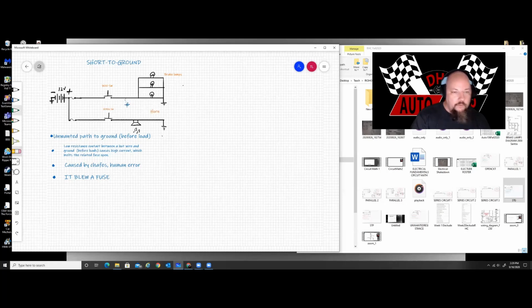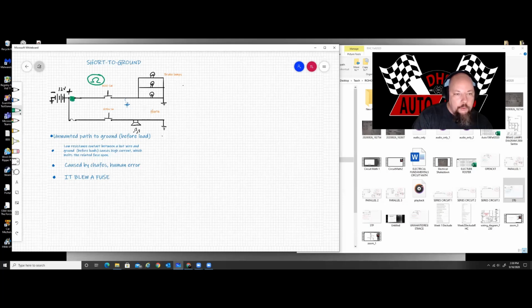Now, when you go looking for it, you may use an ohm meter to track the thing down. Okay, now what you have to do here with the ohm meter is first you got to make sure that your fuse is not in here, because let's block this out real quick. The fuse will be pulled out. It will likely still be blown open, so you don't have to worry about that.